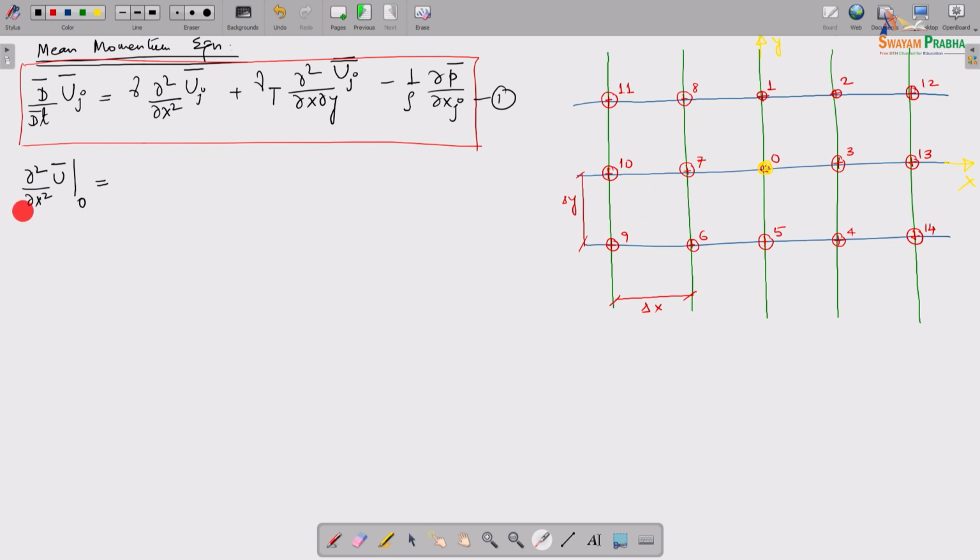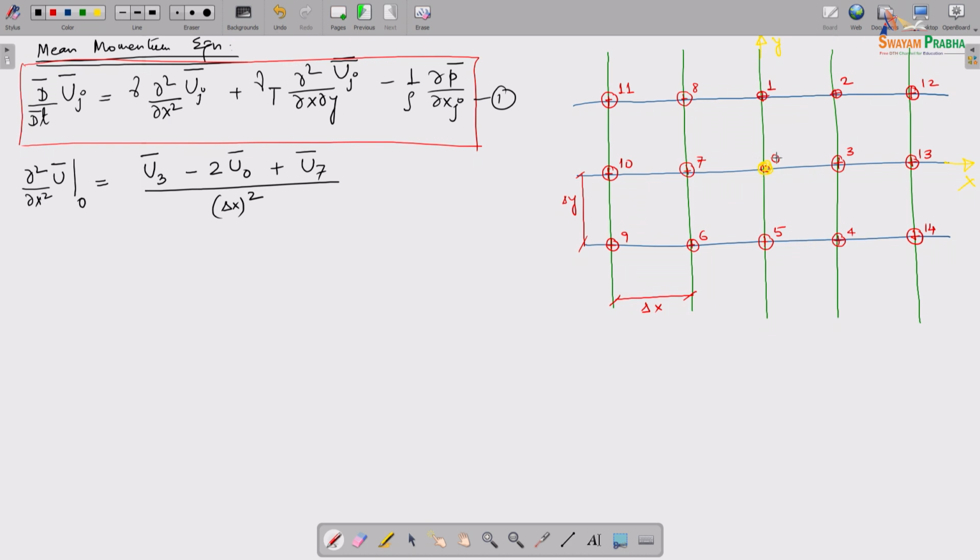Now this derivative is in the x direction, right, and if I use a central difference formula, we just saw that all we need is the function value at a point which is ahead of it, then minus 2 times the function at the location that you are looking for, plus the function value at the location just behind it, by the distance squared.